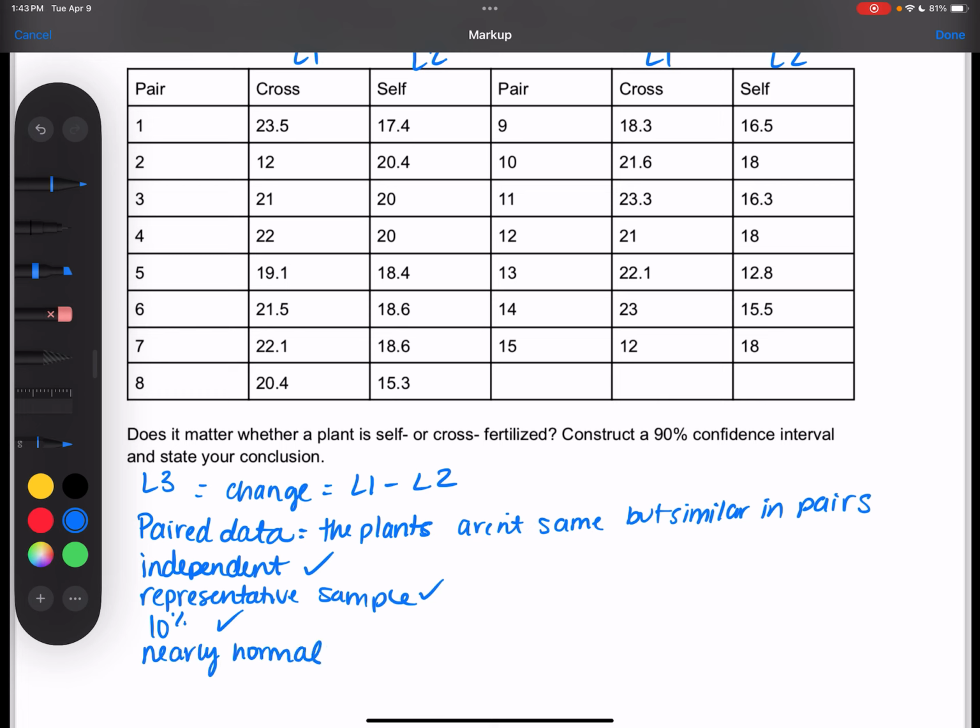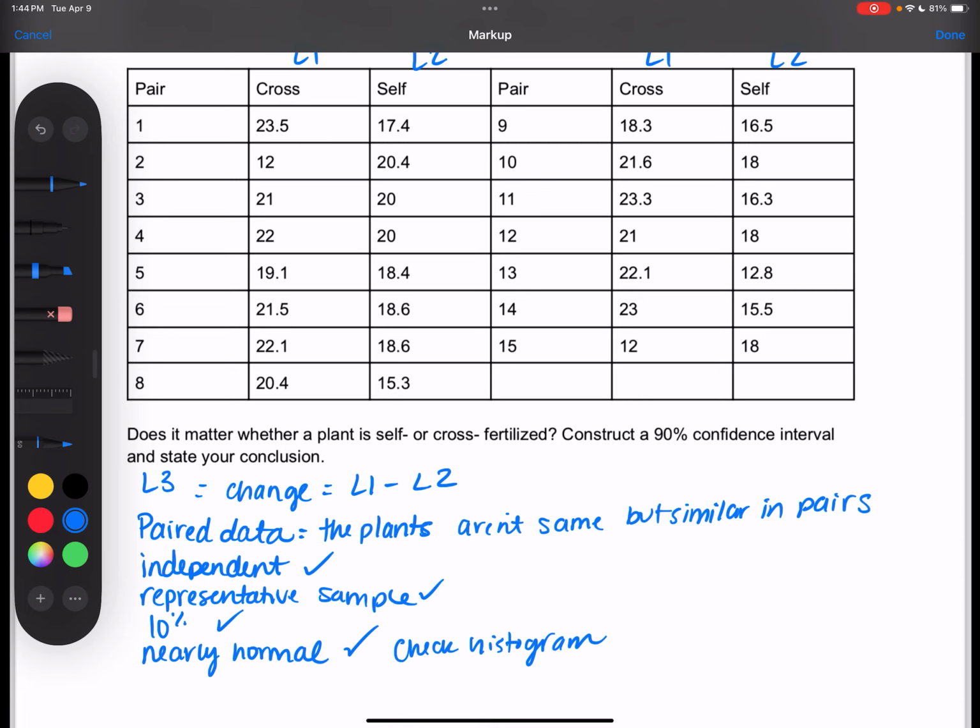We could check histograms for these if you were so inclined by putting them in the stat plots for L1 and a histogram for L2 if you want to look at it and see, but they should be pretty symmetric, and I don't really see any numbers that are obnoxious one way or the other that I would think are outliers particularly. So I'll just make a note here to check histogram if you are doing it.